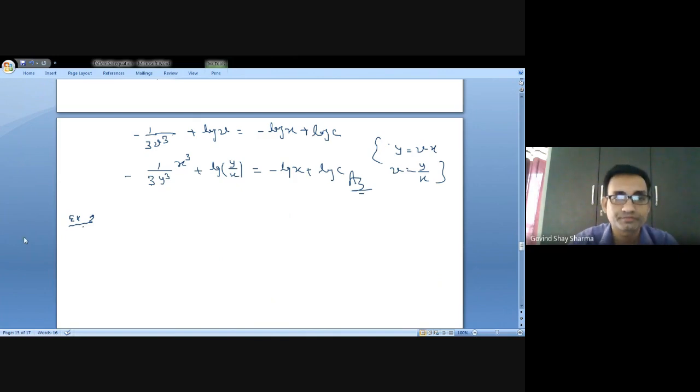Now another example: (x²y − 2xy²) dx − (x³ − 3x²y) dy = 0. We see that this equation is also a homogeneous equation.